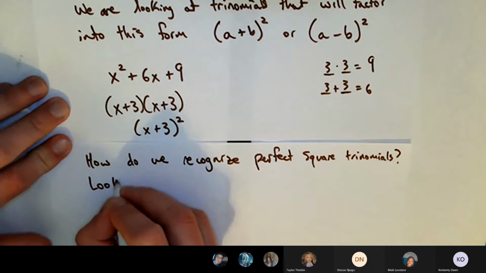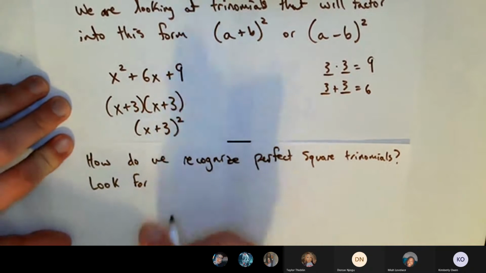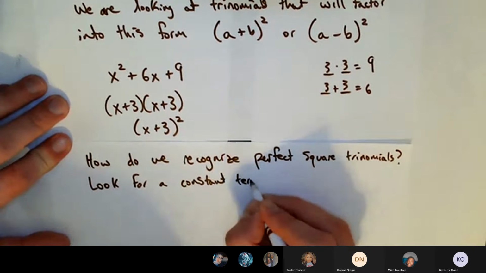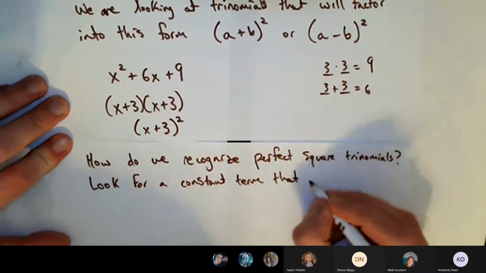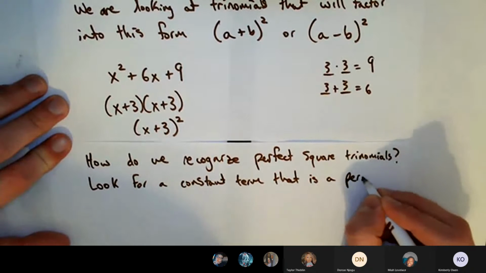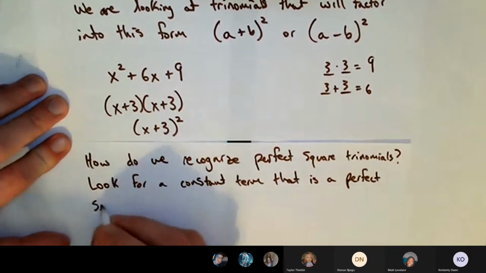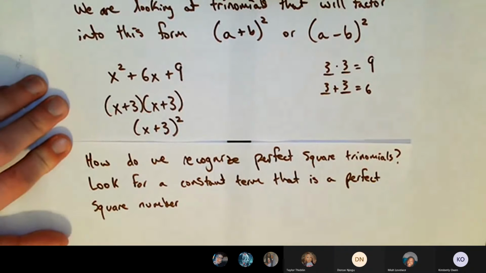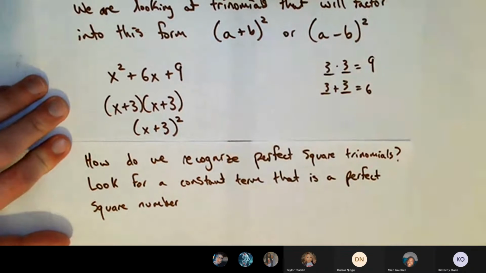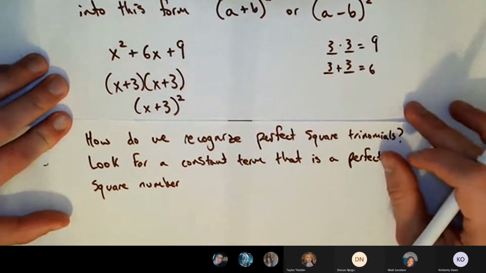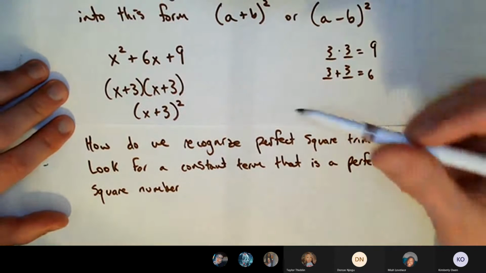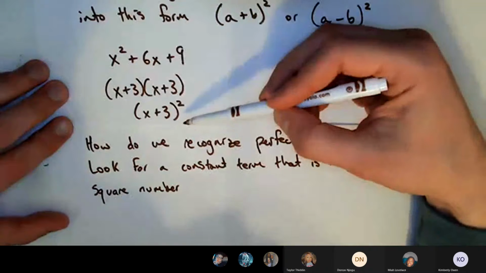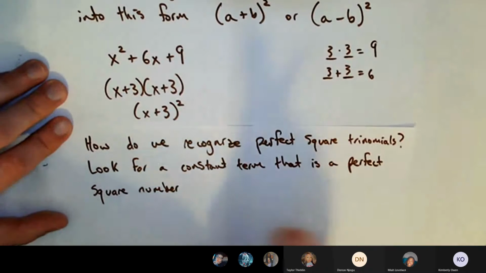We look for a constant term that is a perfect square number, like 9. So 9 is a perfect square number. That's one of the triggers for looking for these. If you see the back number is a perfect square, you might start thinking, oh, this might factor really cleanly into something like this. But that's not the only thing.